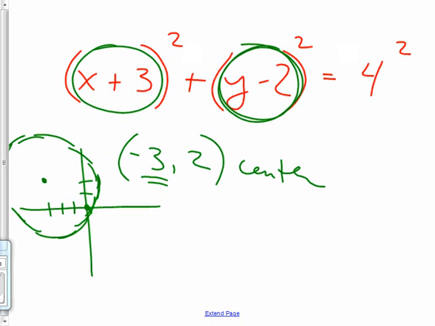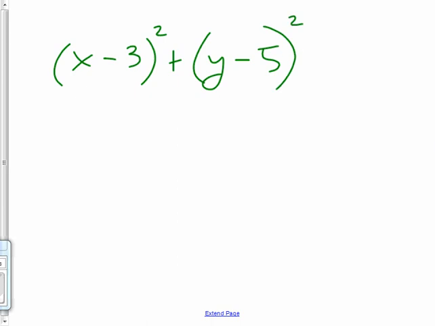Alright. I'll give you another one. I'm going to give you the formula. You just tell me 2 things. Tell me the center and tell me what its radius is. Alright. (x - 3)² + (y - 5)² = 25. Need something sneaky there. We'll see if you catch it.